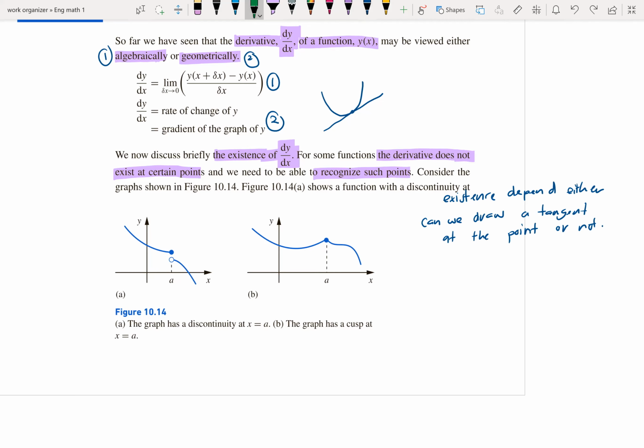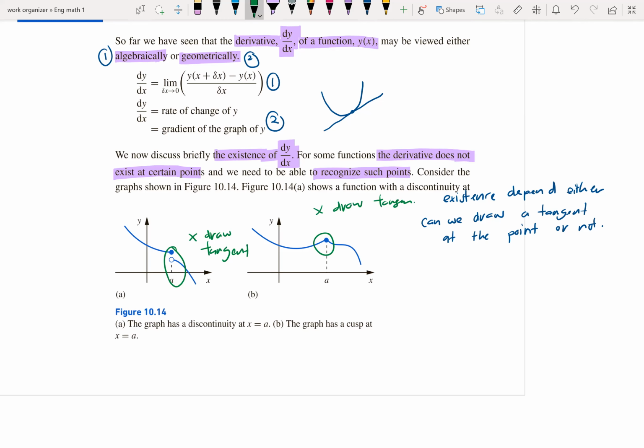At A, it is not possible. We just can say we cannot draw a tangent. Same as this one, cannot draw a tangent.